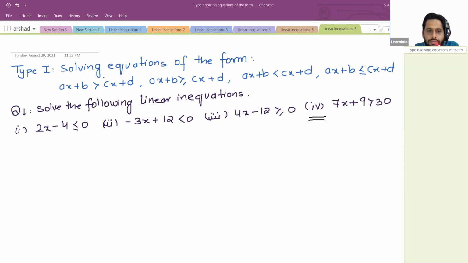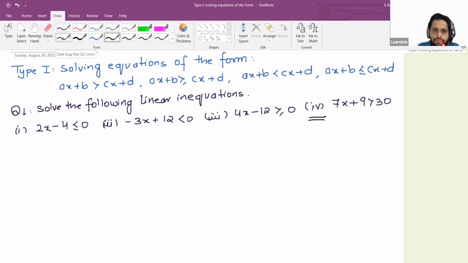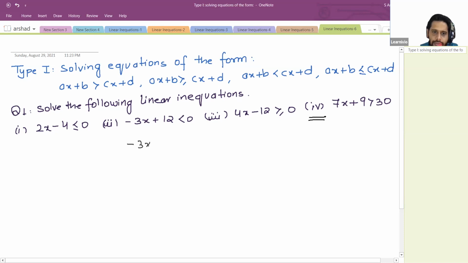Okay, and what is the final answer? You must have cancelled the terms. So this is minus 3x, and we will shift this 12 to the right side. We will get minus 12. Now we will divide this with minus 3. So minus 3x by minus 3, minus 12 by minus 3, and the sign will change. So this minus 3 cancels, we get x is greater than 4. You're getting the same answer? Yes, sir. Okay, very good.